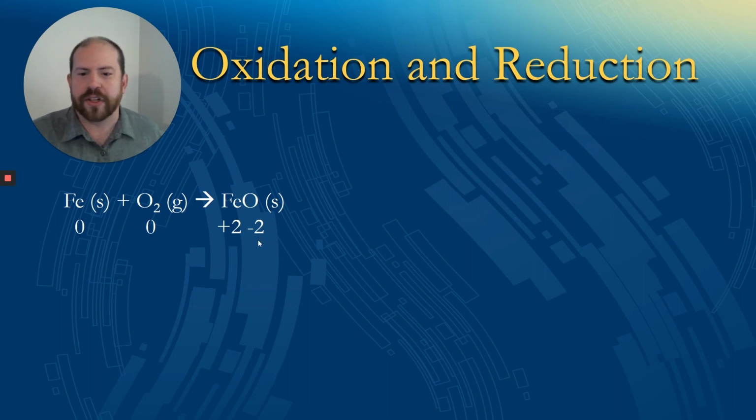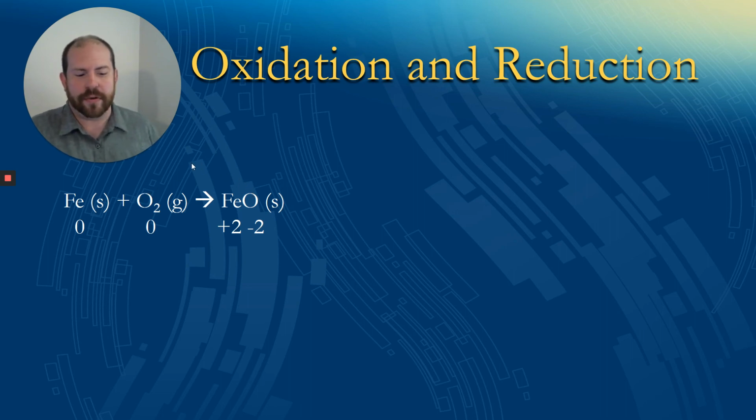It went down in charge, it gained electrons. Doing that enabled iron's loss of electrons. For iron to lose those electrons, they had to have somewhere to go, and that ended up being oxygen. You can think of oxygen in this case as the enabler of oxidation, the agent of oxidation. It makes oxidation happen, but it isn't actually oxidized itself.